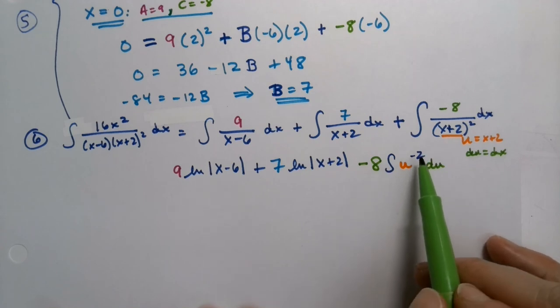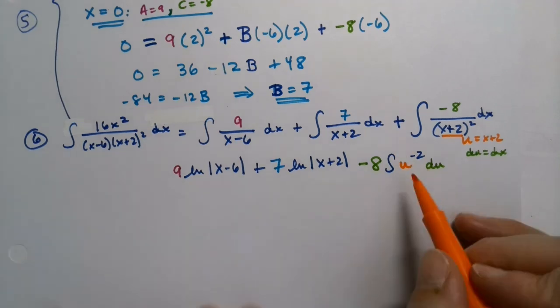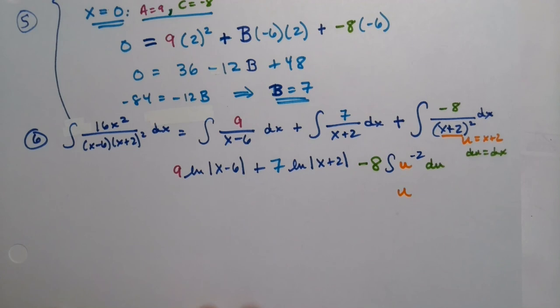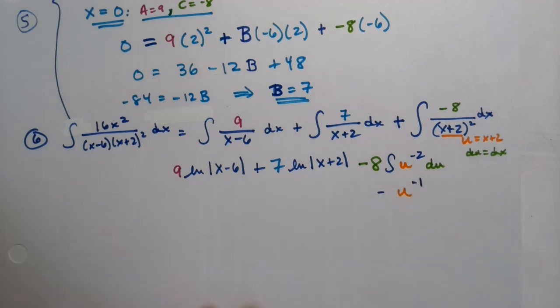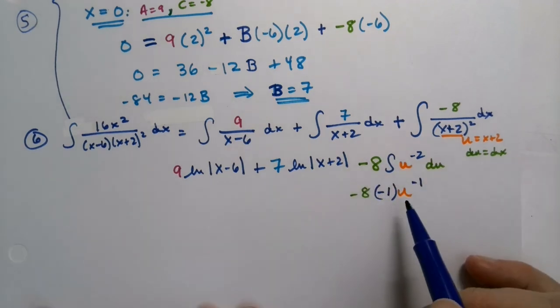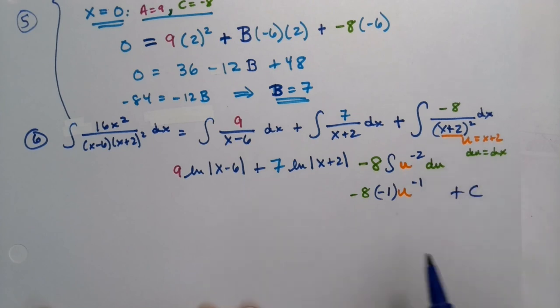And the integral of u to the -2 is u to the -1. So that's one we haven't really seen before. So this will be u to the -1, and then you multiply by a negative, and then there's already a -8 there. So it's -8 times -1, or 1 over -1, right? Plus c, because I'll finally throw on the c.